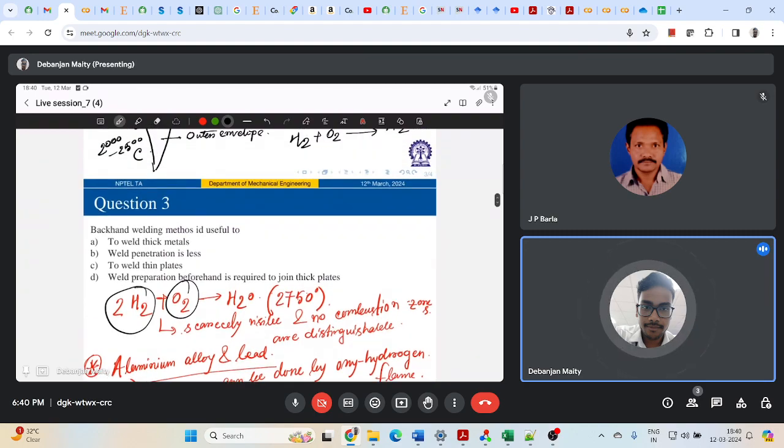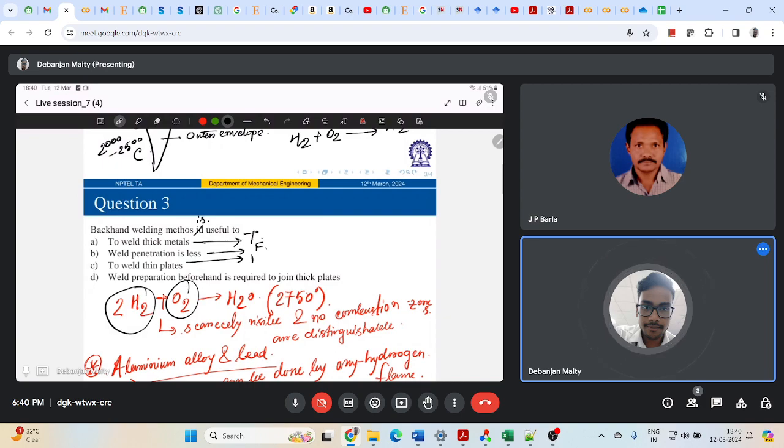So I have asked that, sorry, there is a typo. The backhand welding method is used to weld thick metals. Weld penetration is less. To weld thin plates, weld preparation beforehand is required to join thick plates. So the backhand welding method is used to weld thick metals. This is true. Here my weld penetration also will be higher, right? This is a false statement.